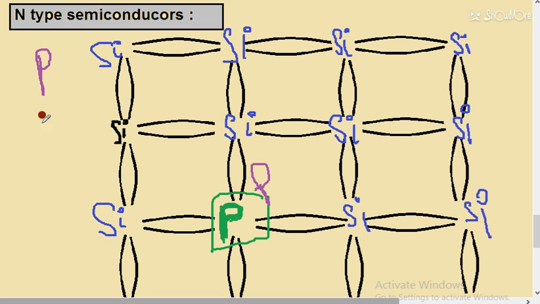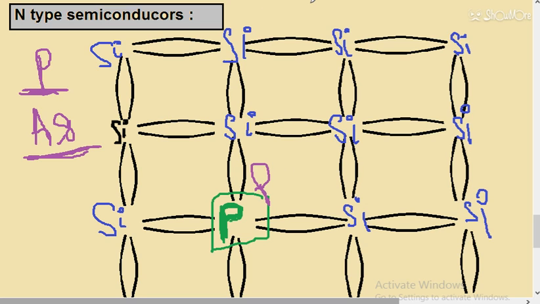So phosphorus, arsenic, and antimony. These types of atoms belong to group number 15. So you can take the example of phosphorus and arsenic. Some other elements are also there.